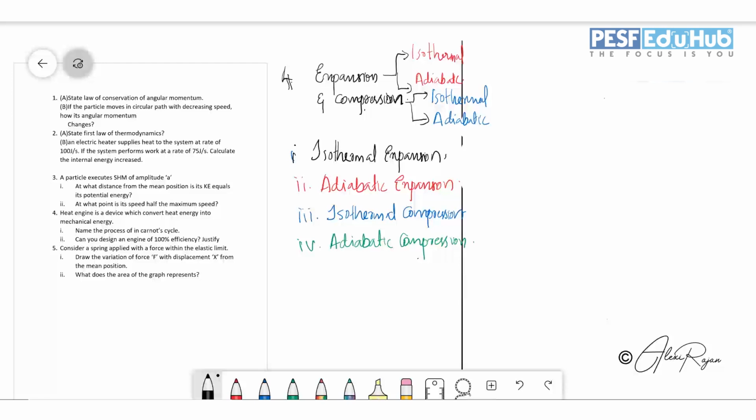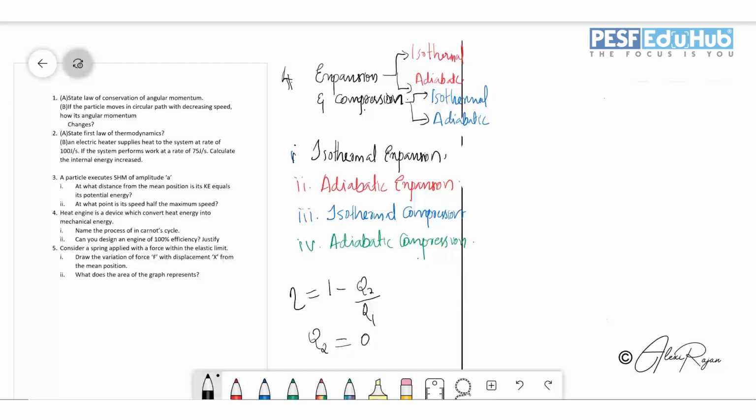Why? Because efficiency is given by 1 minus Q2 by Q1, right? 1 minus Q2 by Q1, and to make efficiency equal to 1, Q2 should be 0.